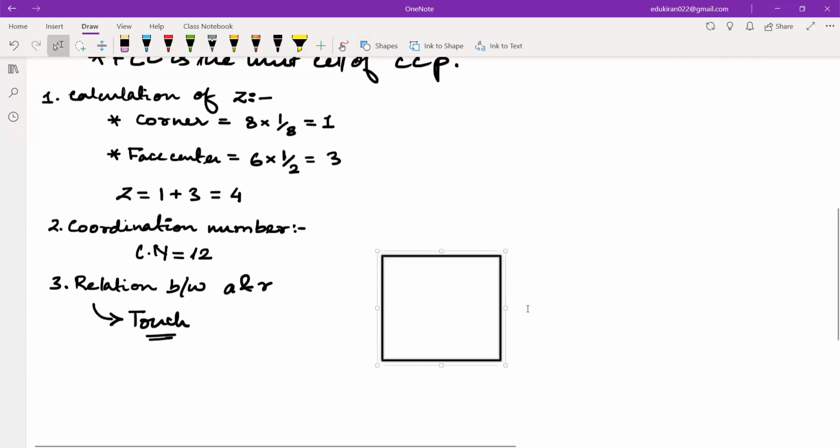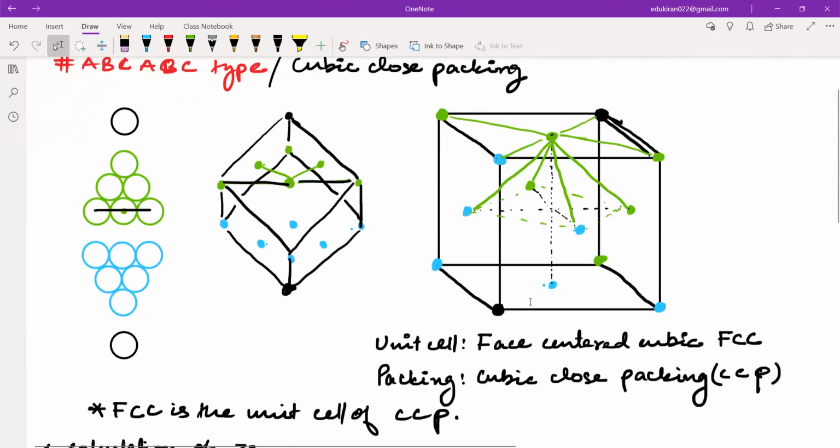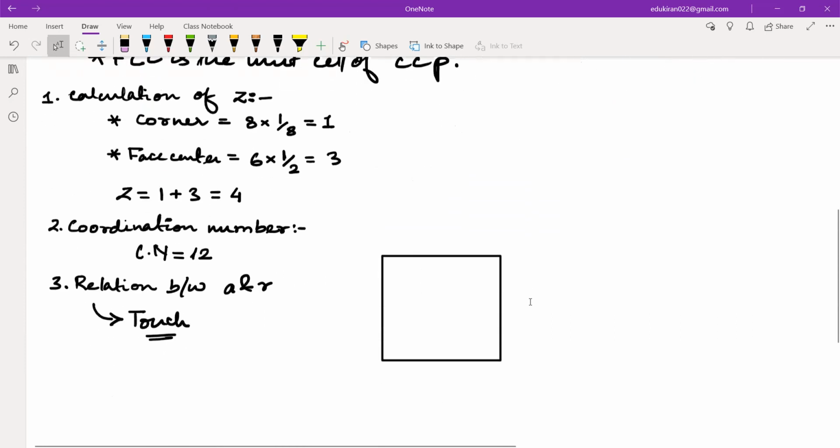So we have this ceiling. So here we have black and blue, and then we have 2 greens. So I can make it like this. Let us do one thing. Here we will have the black atom. Here we will have the blue atom, and these 2 will be the green atoms, and there will be a green atom in the center also. Okay.